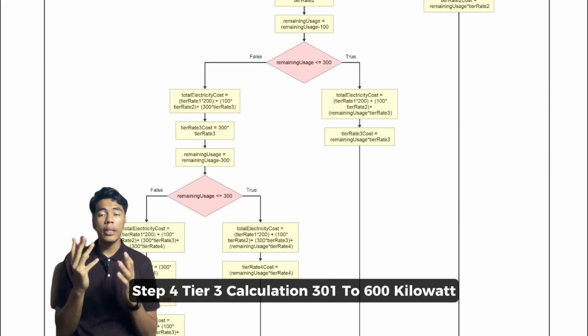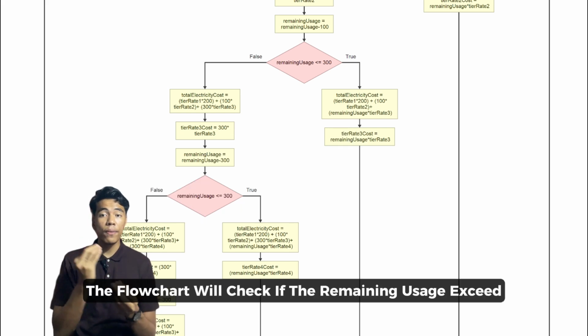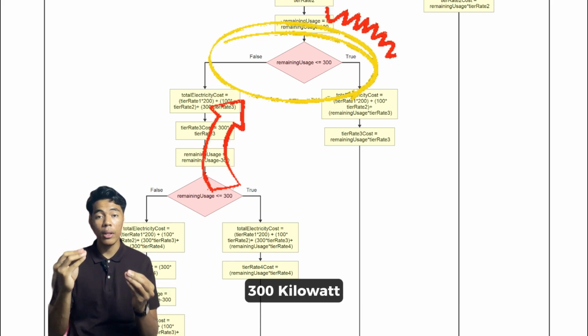Step 4, tier 3 calculation, 301 to 600 kilowatt. The flowchart will check if the remaining usage exceeds 300 kilowatt.